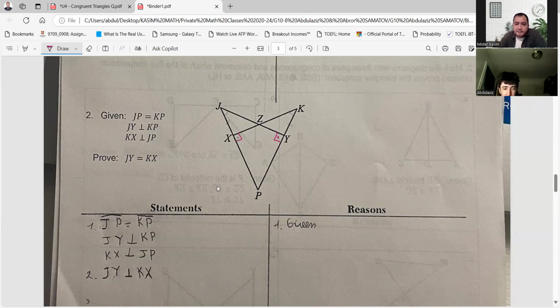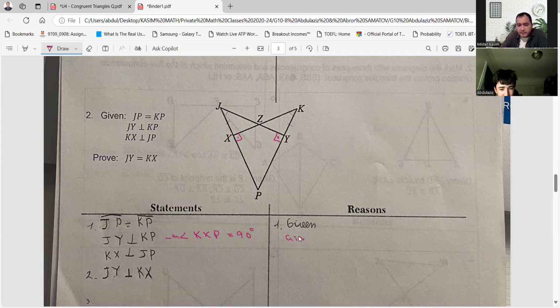Okay. We have to prove that JY is congruent to KX. Number one, JP is KP, it's given. And JY is perpendicular to KP, right? Actually, perpendicular means you can write here, measure of angle KXP is equal to 90 degrees, right?